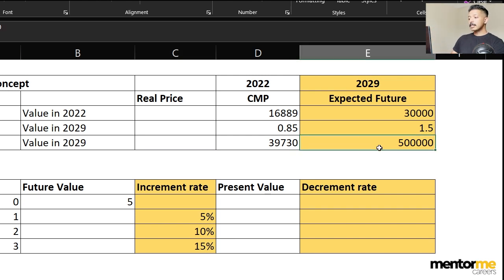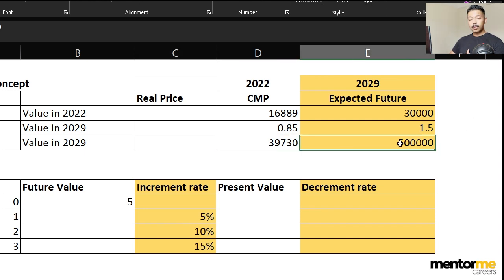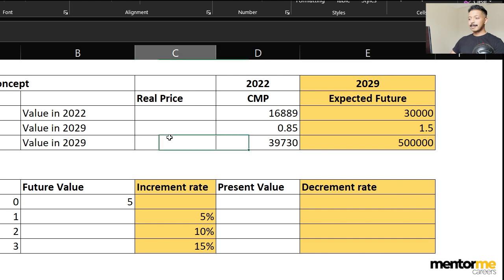If I expect the value to increase significantly, the real price I would like to pay for it will significantly change. Because if I don't expect this to go from 39,000 to $5 lakh, then probably my intent to buy is not going to be there.